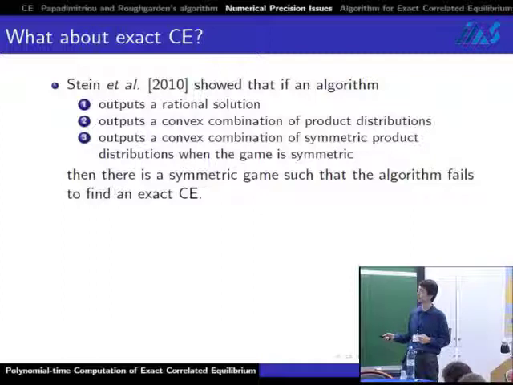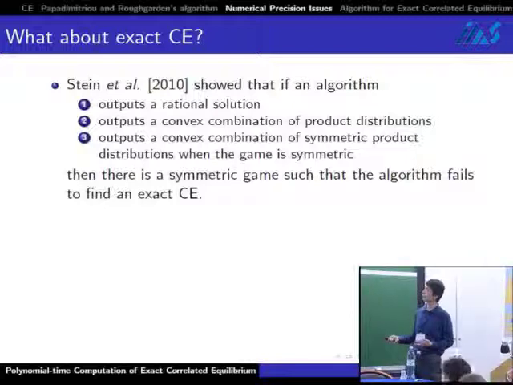Then there exists a symmetric game such that this algorithm would fail to find an exact solution. So they show this by actually constructing a symmetric game such that the only CE that satisfies 2 and 3 would be irrational.